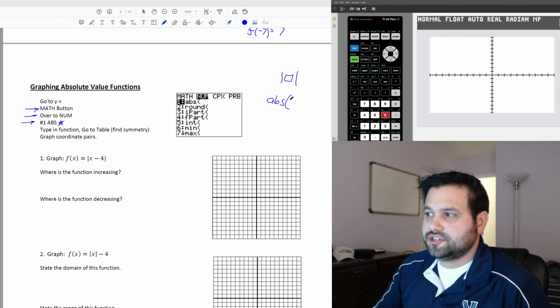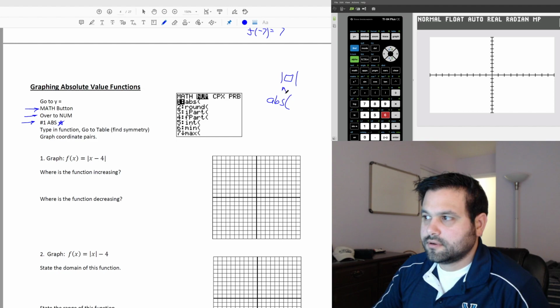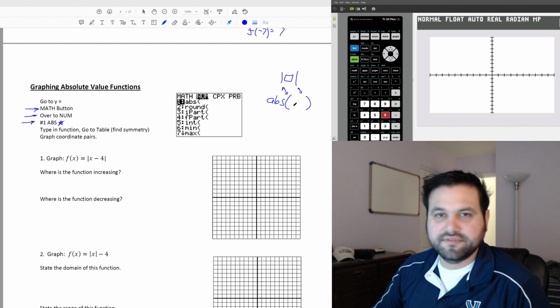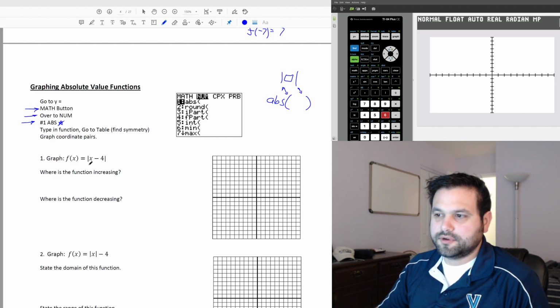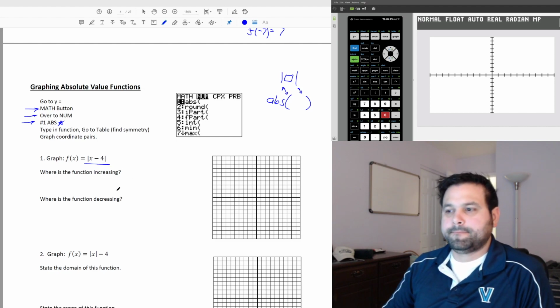If you see this, you just have to remember that these parentheses stand for the absolute value bars. You would type whatever you want in there, and then close the absolute value bar. If you don't see that, then you're going to see something where you can just type something that looks like that.